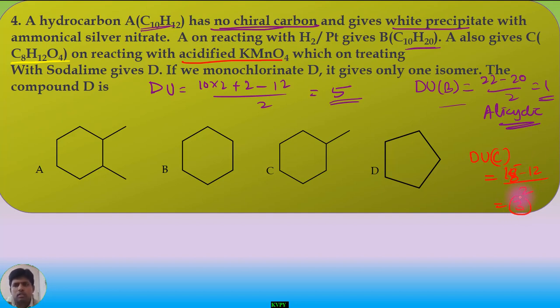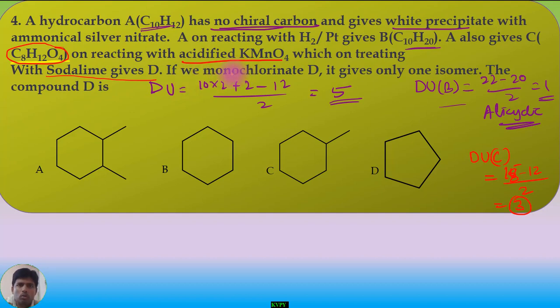It's 3. That means with the 4 oxygens, it has 2 carbonyl groups. That means this is a carboxylic acid, surely. Let us see ahead. C, on treating with soda lime, gives D.